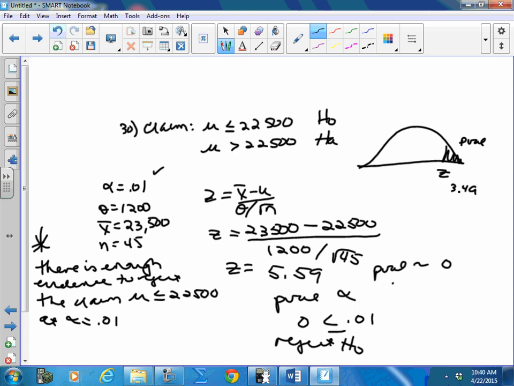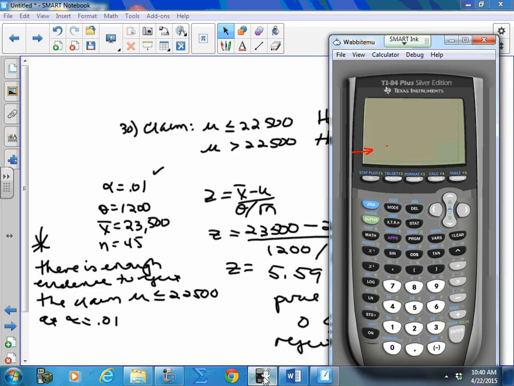Everybody okay with this? Now, in your calculator, if you haven't tried it, try this. Go to stat, go to test. You're right at the top. Your z-test, if we approximate a normal curve or n is greater than or equal to 30, and our population standard deviation is known.